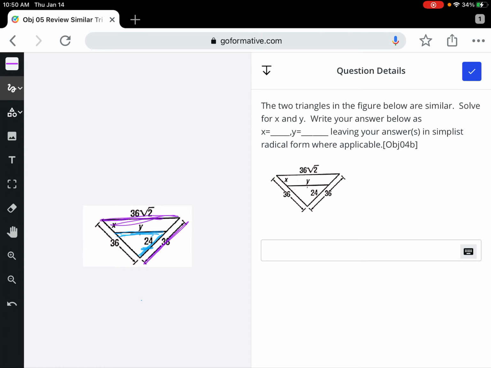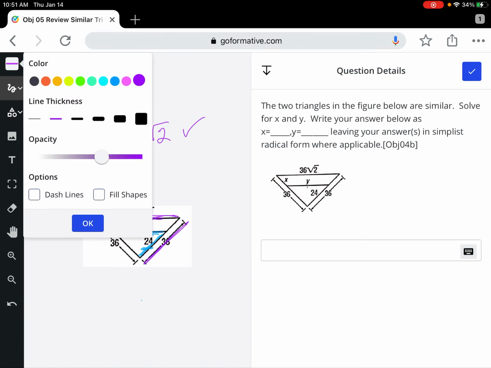So I know 24 over y is equal to 36 over 36 radical 2. One of the things that you can do before you cross multiply is you can simplify. These 36s divide out, so that's 1. So when I cross multiply, I have y is equal to 24 radical 2, and that's actually your answer for y.